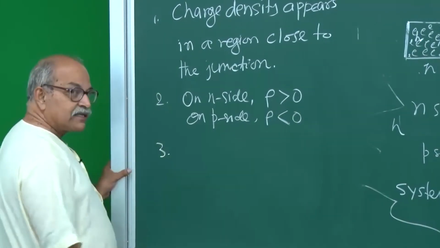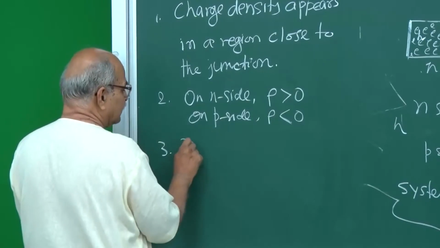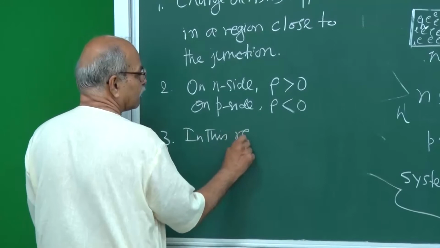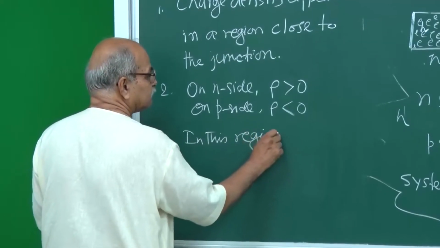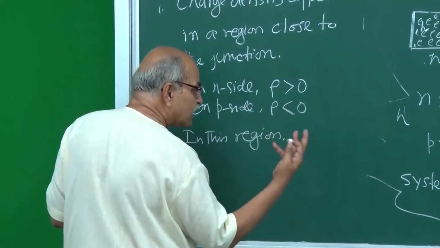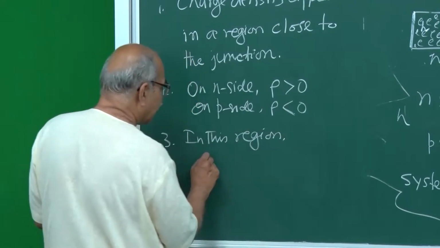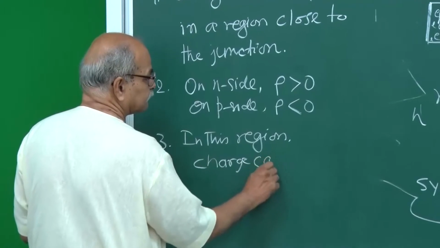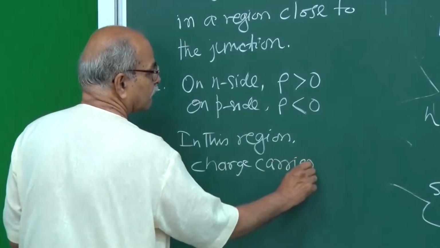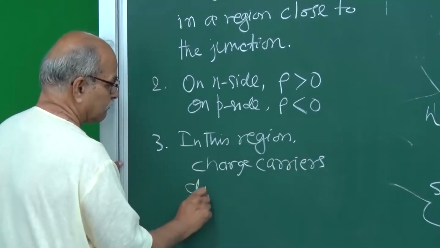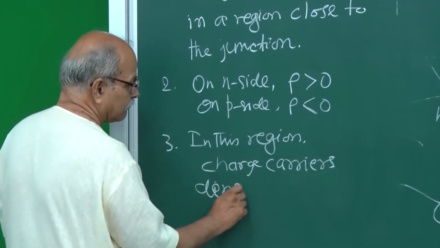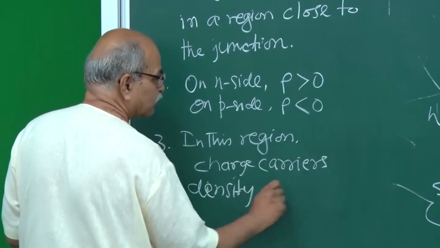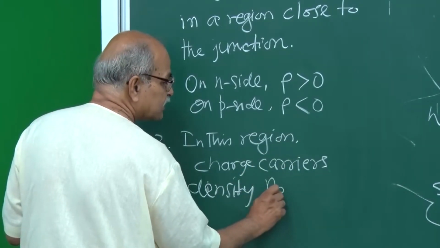And another interesting thing is, in this region there are no charge carriers. So, the charge carrier density is almost 0 for all practical purposes.